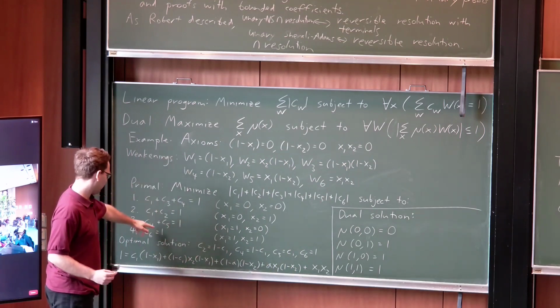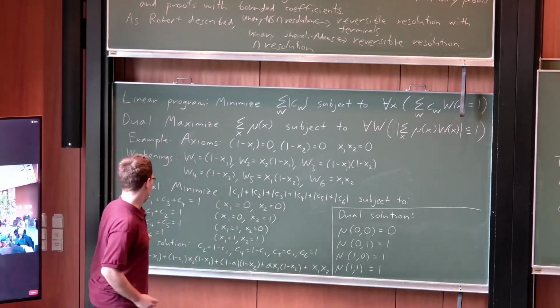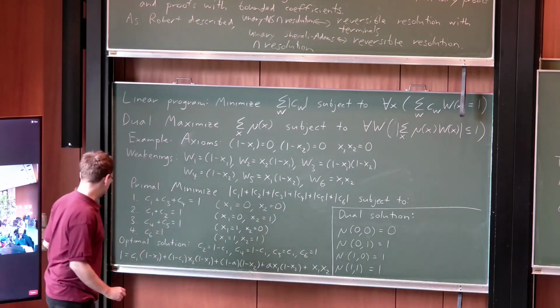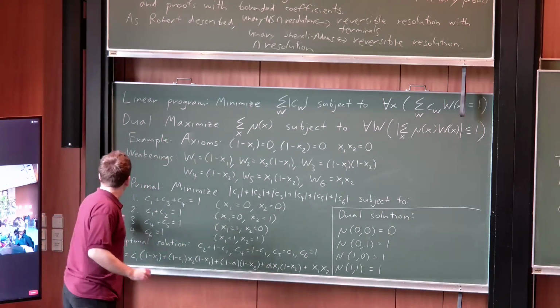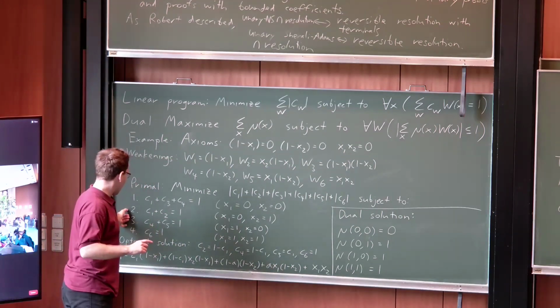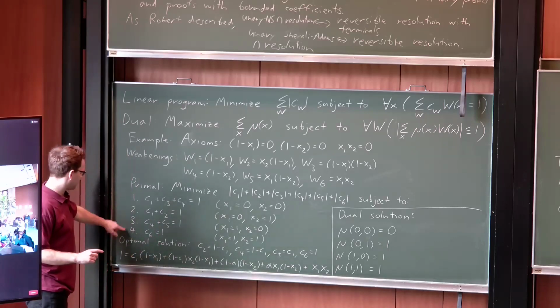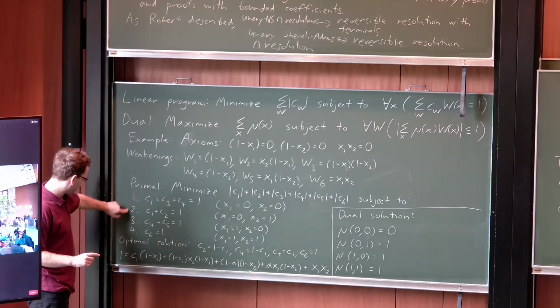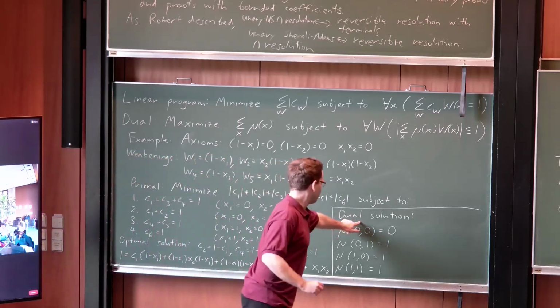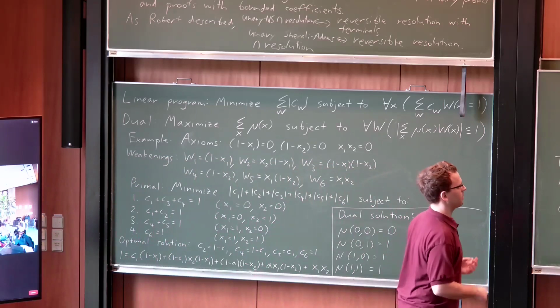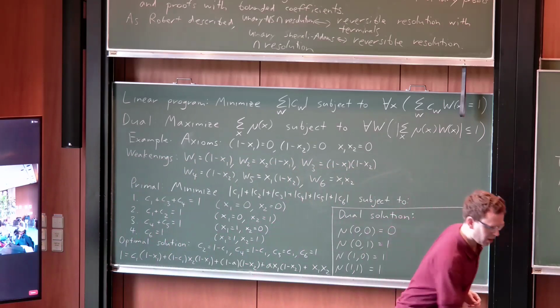The primal program will look as follows. And then the minimum total coefficient size is 3, as these three equations already give a lower bound of 3. And this would be a dual solution.